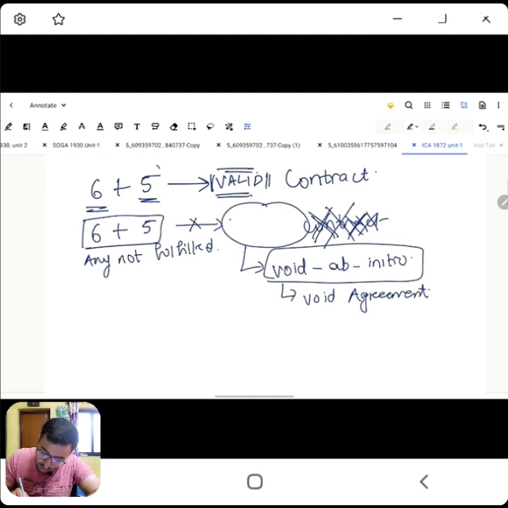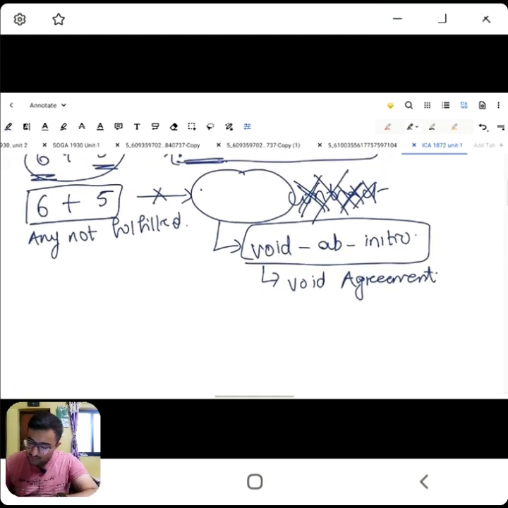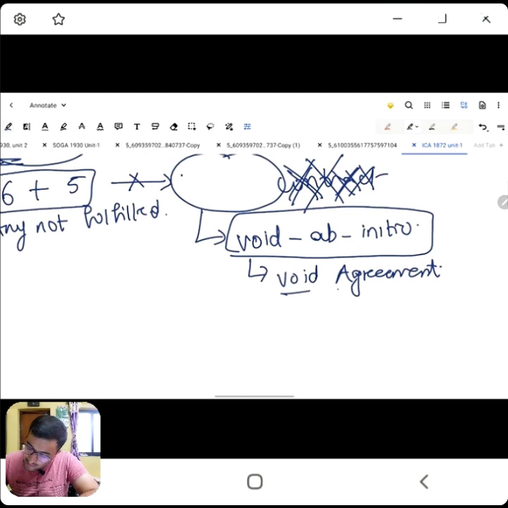If all the 11 conditions are satisfied, you will call it a valid contract. If even one of these 11 conditions is not satisfied, you will not call it a void contract. You will never call it a void contract, but you will call it a void agreement. Why will you not call it a void contract? Because it never becomes a contract.